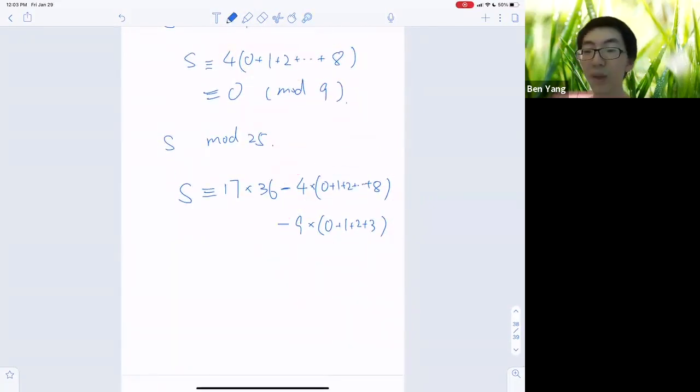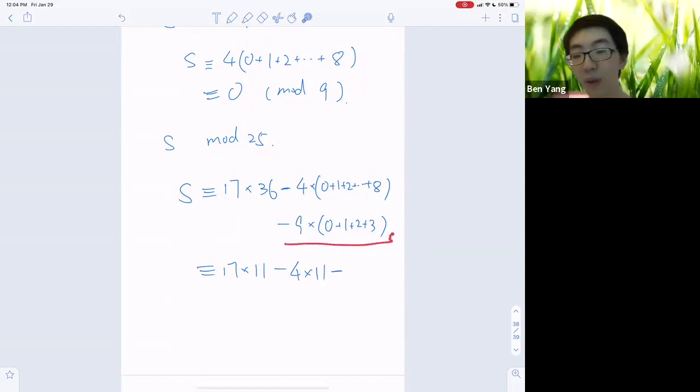Okay, then just some computation going on. We only care about mod 25, so we can simplify this a little bit. This 36 simply becomes 11. So 17 times 11 minus 4 times 0 plus 1 plus dot dot dot plus 8. That's equal to 36, so again 36 is just 11. So that's minus 4 times 11, minus, we have 6 times 9, that's 54.